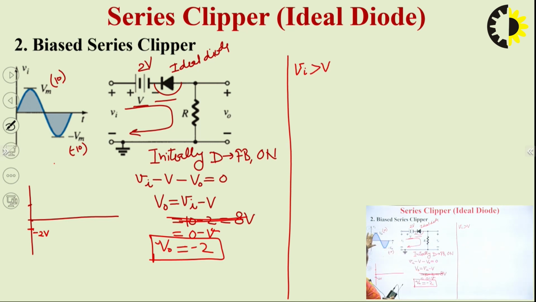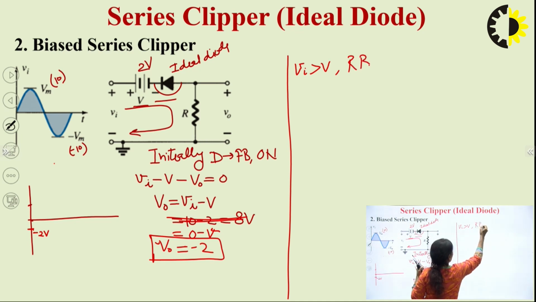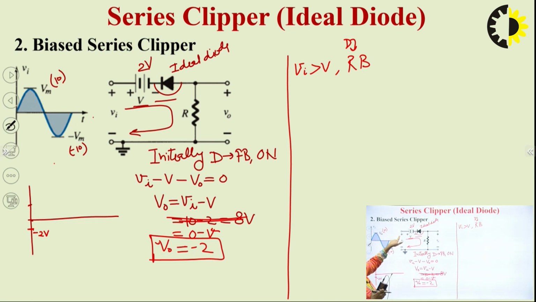So, as soon as this input voltage is greater than this battery potential, then your diode will be reverse bias, because the positive value of the signal will supersede this value of 2 volts and make your diode reverse bias. So, diode is reverse bias, it means it will be open circuit, and if your diode is in open circuit state, then output will be equal to 0.